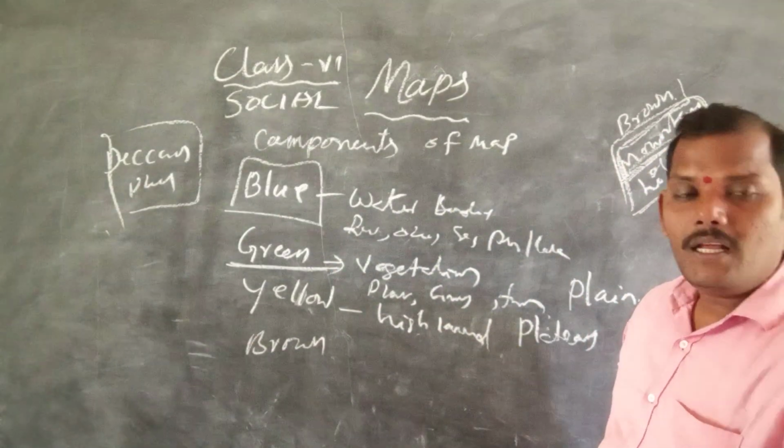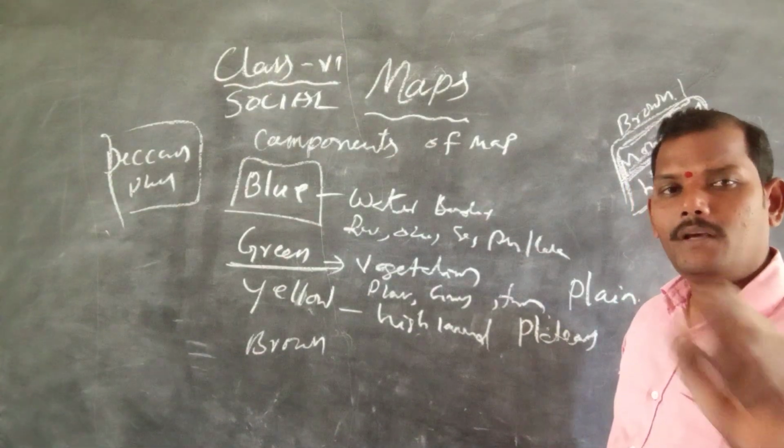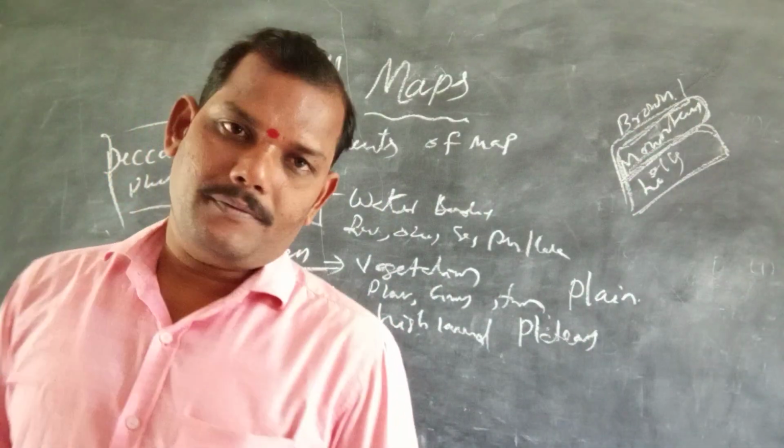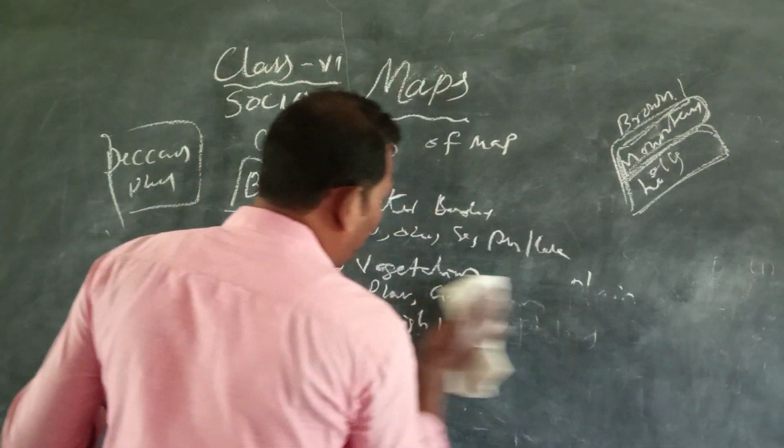And another one, thematic maps, are also there. Thematic maps means these maps give specific information.